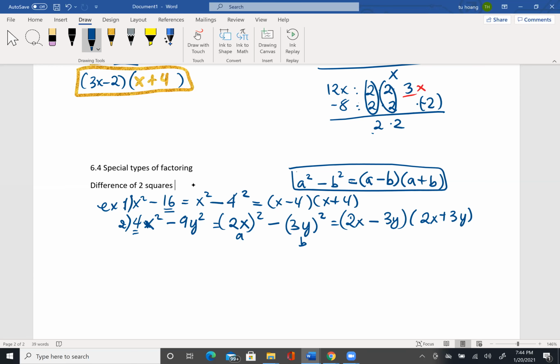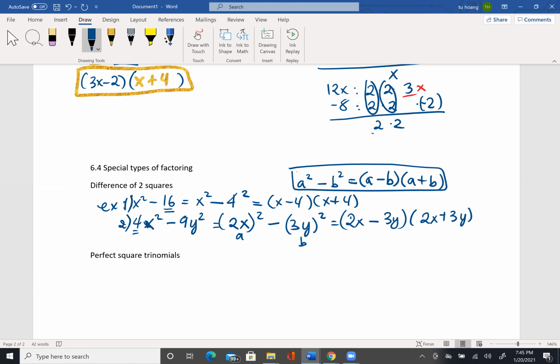Okay, so another special type is going to be the perfect square trinomial. What does that mean?